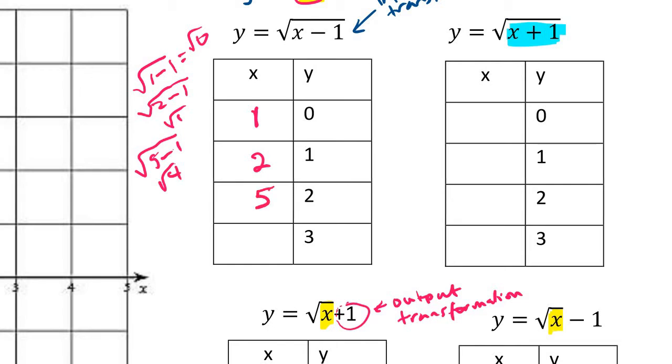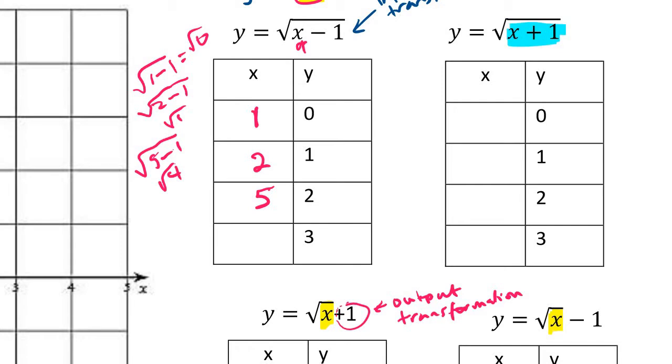That's the idea. So the same way, what do I need to plug in for x to get 3 after I've taken 1 from here and taken the square root? I want 9. If I do 9 minus 1 is 8, square root of 8 is not 3.